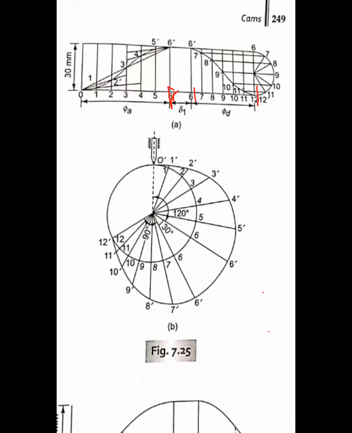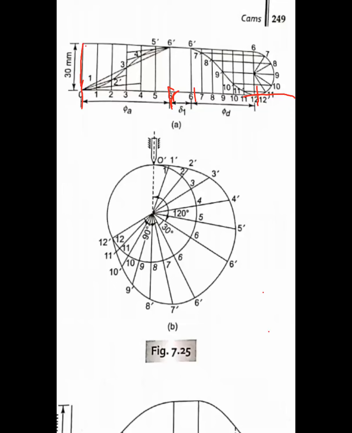It may not be included here, but it is also there. That is our outstroke, dwell and return stroke. Later, the vertical portion value is our stroke length, which is 30 mm.